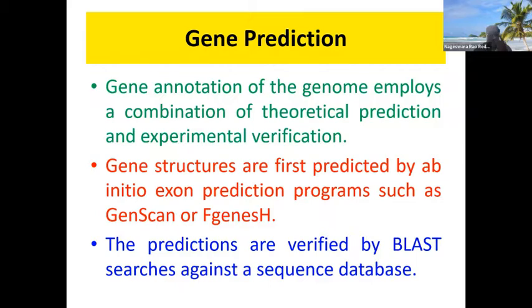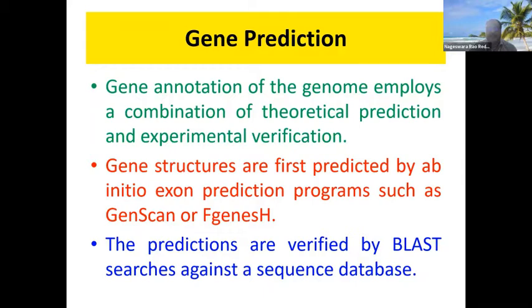Then you try to amplify it via PCR, clone it in the lab, and sequence it with Sanger's method. We follow all these steps, and then we say this gene is present. So the gene is theoretically predicted using GeneScan, that prediction is verified by BLAST against a sequence database, and then you can use wet lab verification, that is, experimental verification.